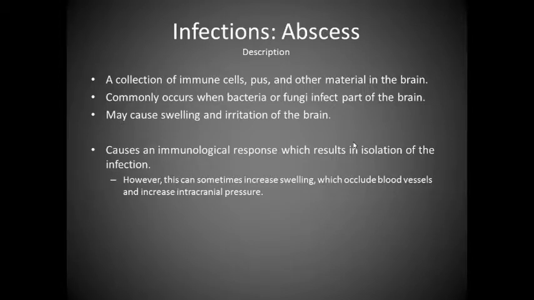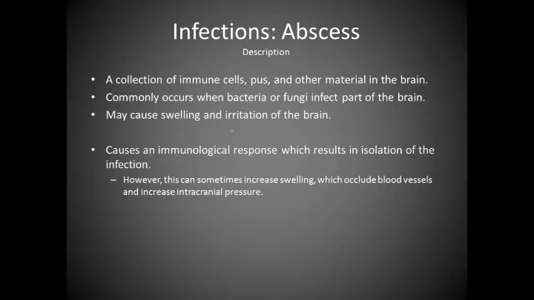So, an abscess. An abscess is a collection of immune cells or pus and other material in the brain. It commonly occurs when fungi or bacteria infect part of the brain. And it may cause swelling, irritation, and other symptoms that can cause abnormalities with the brain.